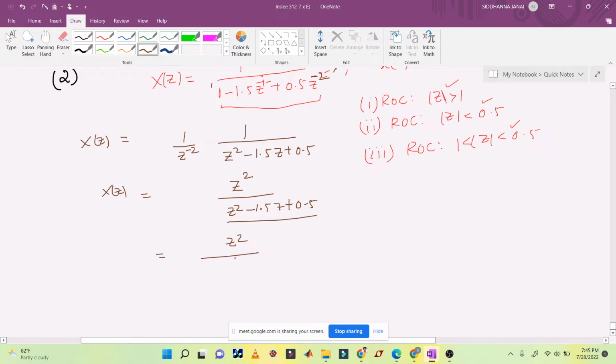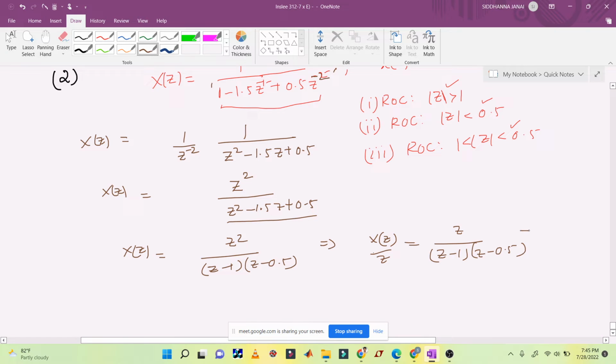z square divided by z minus 1 z minus 0.5 x of z is equal to, this implies x of z by z is equal to this, whatever I'm taking in the denominator of x of z simplifies our calculation. That's why z minus 1 z minus 0.5.